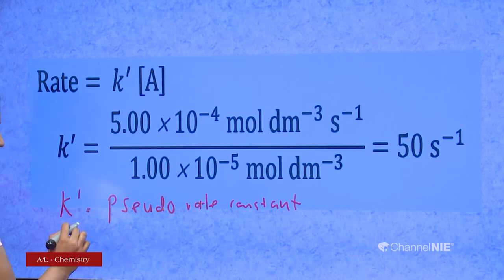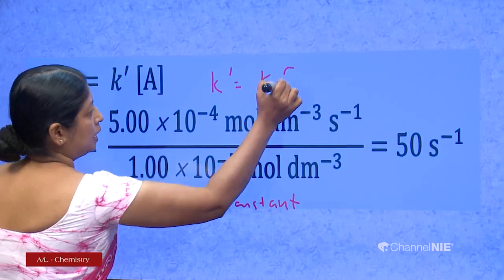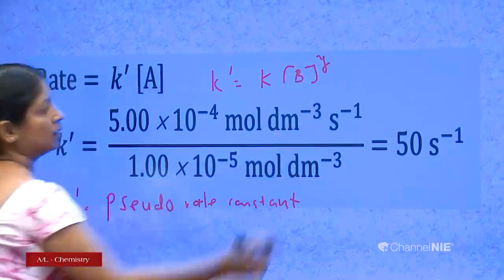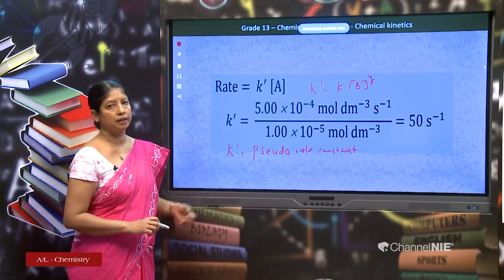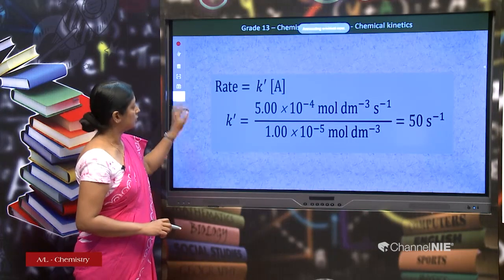That is because K dash equals the rate constant into the concentration of the other reactant B to a certain power. The concentration of B is of course given, but the problem is that the order with respect to B is not given. So, the pseudo rate constant of this reaction is given like this, and again the unit of the pseudo rate constant is per second, because the order with respect to A is 1.